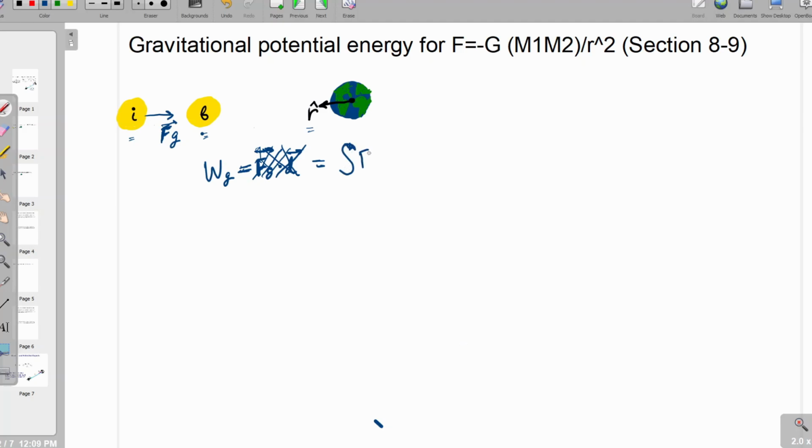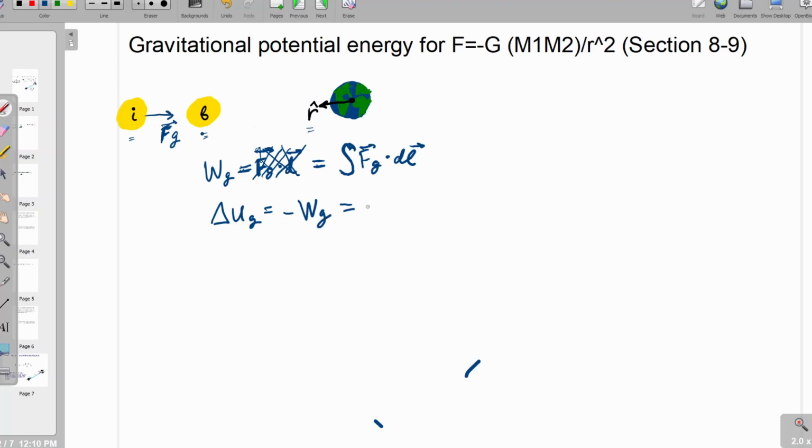And that would be this one here, force of gravity dot dl, where dl is the displacement element along the displacement of the object. And of course, the gravitational potential energy then will be minus the work done by the gravitational force.